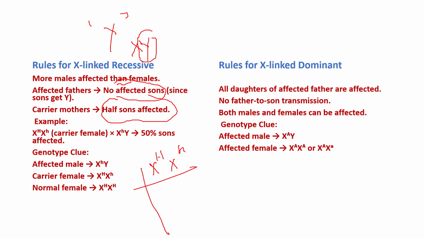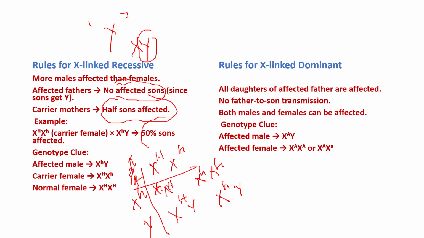So if you take XH Xh and XH Y and cross them, you get XH XH, XH Xh, XH Y, Xh Y. That means 50% of the sons will be affected.